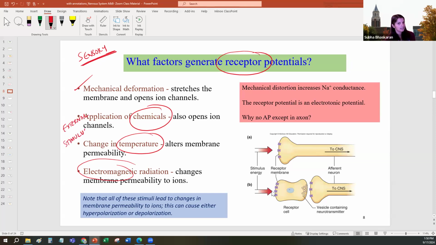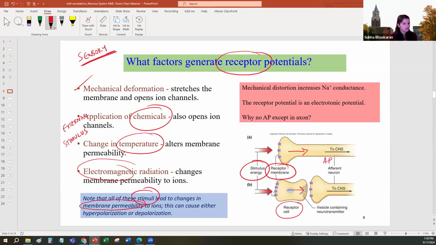Every stimulus is trying to cause a change in the membrane, correct? Okay, this membrane is going to either make it close to threshold or away from threshold, correct? And that will cause an AP or not. So the process is the same thing. Remember, all of these external stimuli will lead to a change in the permeability of the ions.